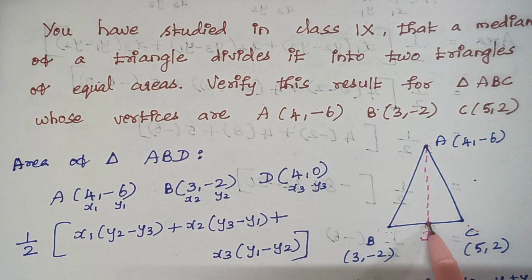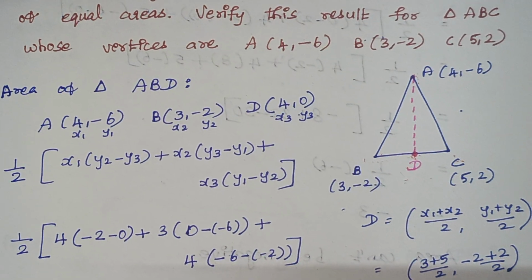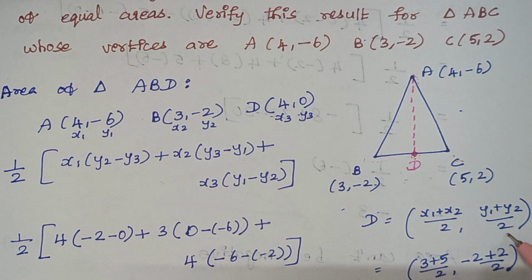As this is a median, this D is the midpoint of BC. So using the midpoint formula, we can easily calculate the vertices of this point D. What is the midpoint formula? It is (x1 plus x2 by 2, y1 plus y2 by 2).